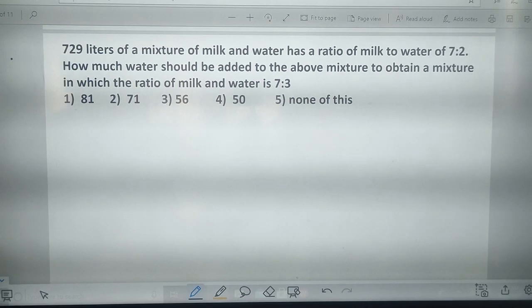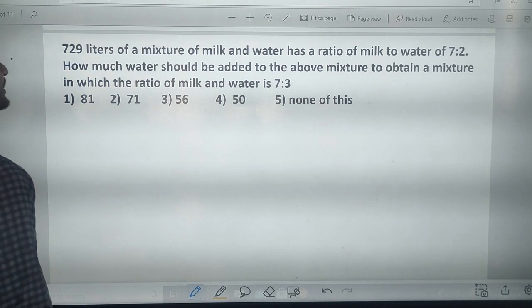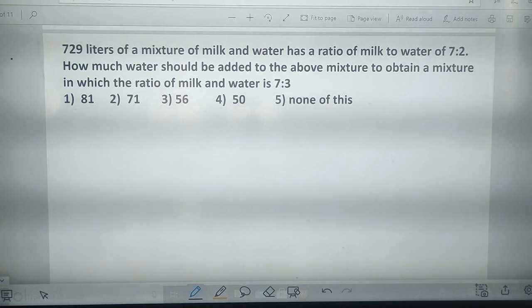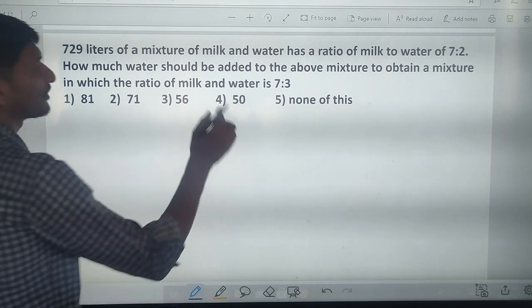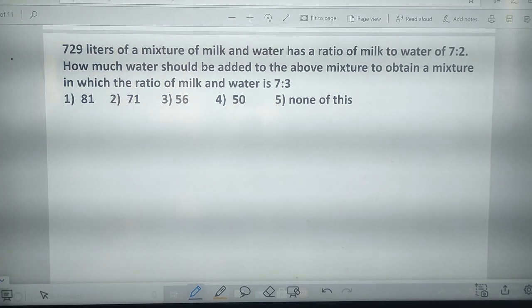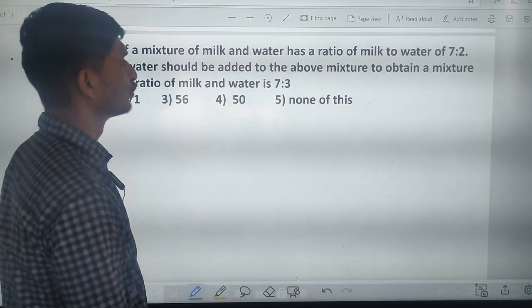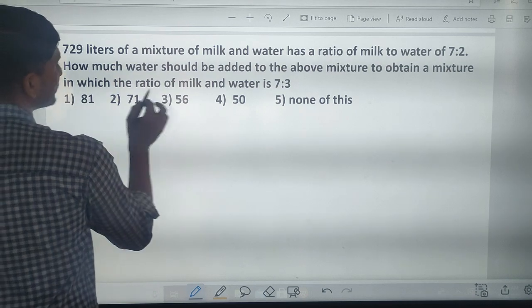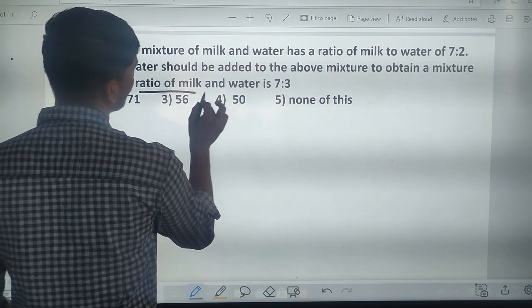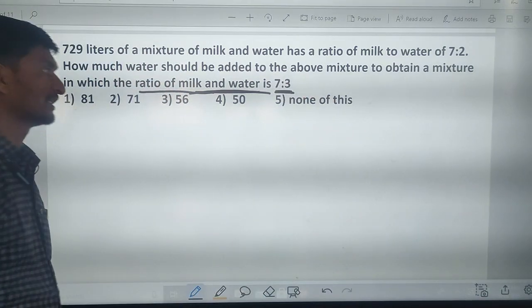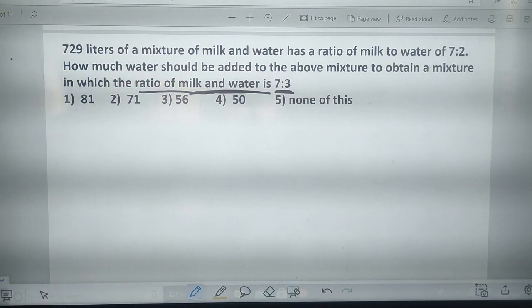Here 729 liters of a mixture of milk and water, as the ratio of milk and water is 7:2. How much water should be added to the above mixture to obtain a mixture in which the ratio of milk and water is 7:3?